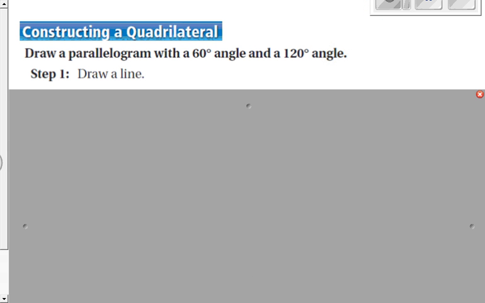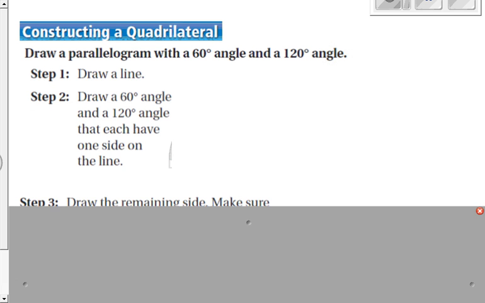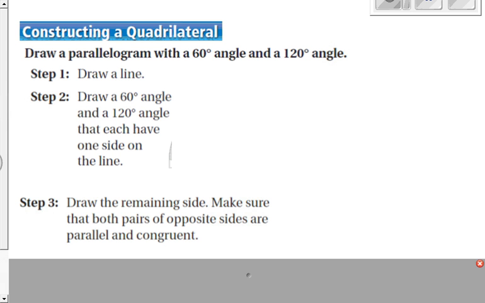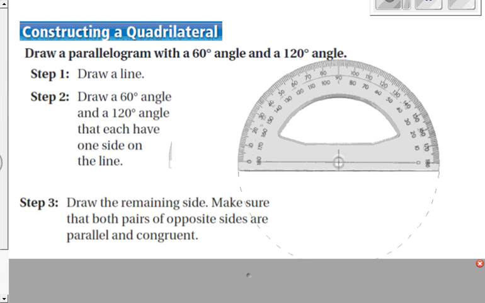So now it says draw a parallelogram with a 60-degree angle and a 120-degree angle. So the first step says to draw a line. So we are going to do that step first. So I have my protractor out, and I'm going to draw a straight line.